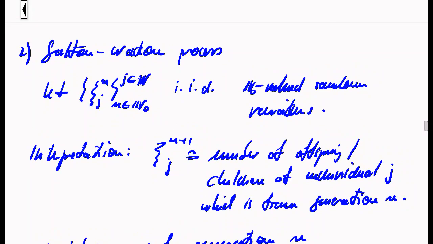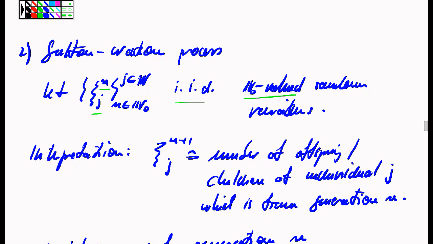To model this in a mathematical model, in the Galton-Watson process we assume that we are given a family of double-indexed random variables, psi_{j,n}, which are all identically distributed and independent, and which assume values in the integers, including 0.